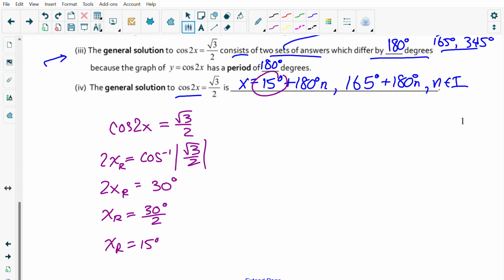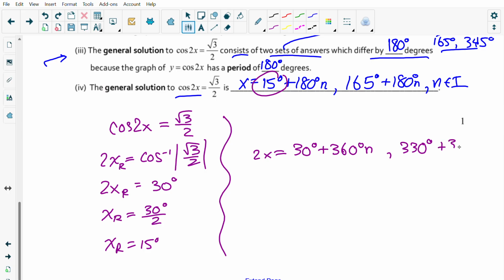Wasn't that what we had right here? 15 degrees. So if I think about another way to look at this, if I have 2x equals 30 degrees plus 360 degrees n, and the other solution was 330 degrees plus 360 times n.